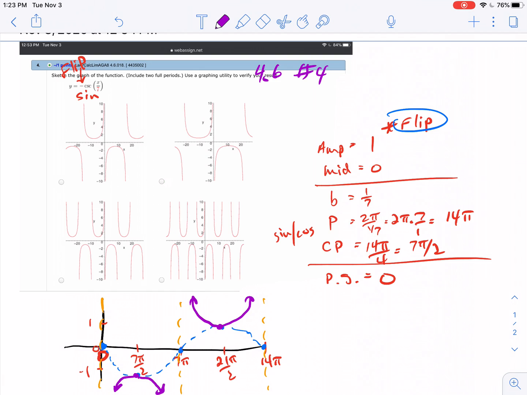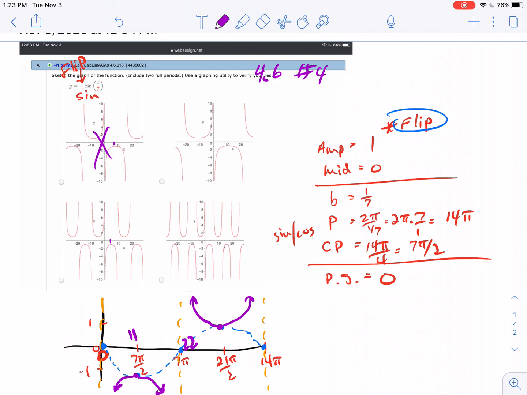So remember, if you go to a calculator and you type in 7 pi over 2, that's at about 11. And then 7 pi would be about 21-ish, a little more, so it's almost 22. So this one looks like it's maybe at 9, so we're not going to do that one.